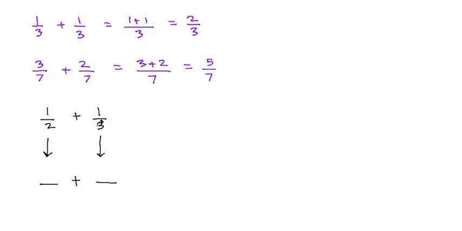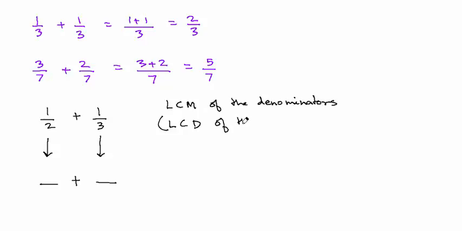And to get the two fractions on the same denominator, you need to find the LCM, or the least common multiple, of the two denominators. The LCM of the denominators is also called the least common denominator, or LCD, of the fractions involved.